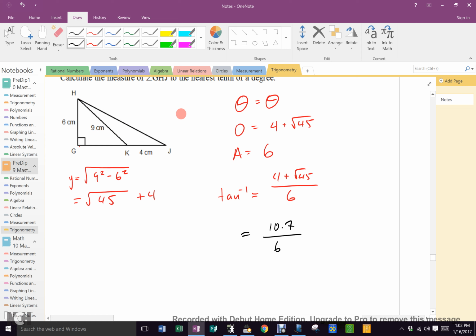Okay. How would you do it after that then? Find this angle first? Yeah. Well, I can, but you can't. Because if you found this angle, then you would know this angle, right? Because say that was 40, then this would have to be 50, wouldn't it?